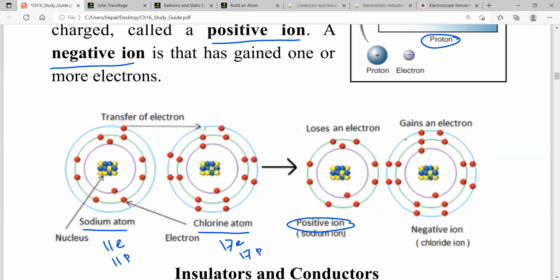On the other hand, chlorine becomes a negative ion, because it receives one more electron from the sodium. So the rule is: when an atom loses or donates one or more electrons, it becomes a positive ion, and when it gains one or more electrons, it becomes a negative ion.